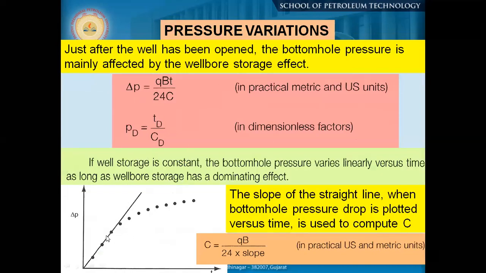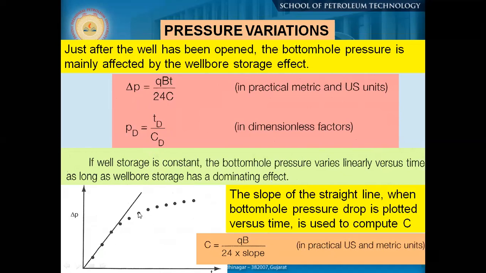If you see the line changing, just after the well has been opened, the bottom hole pressure is mainly affected by the wellbore storage effect. You can get the value in dimensionless form, the pressure PD. If wellbore storage is constant, the bottom hole pressure varies linearly versus time as long as wellbore storage has a dominating effect. You can see it here.